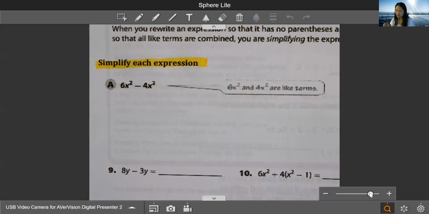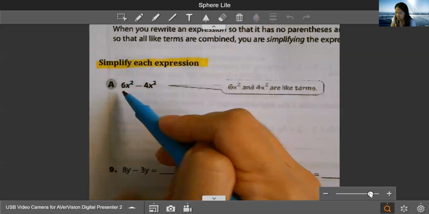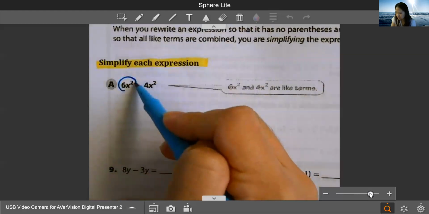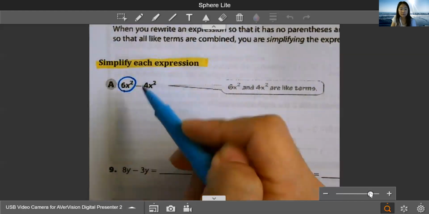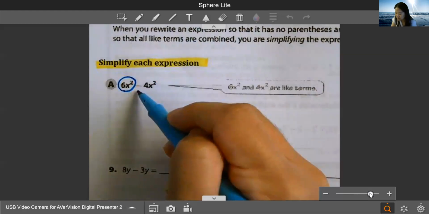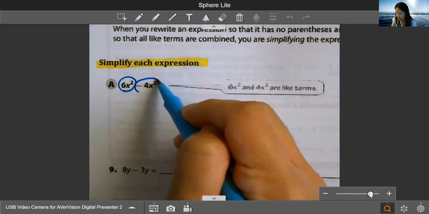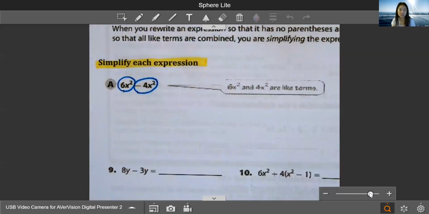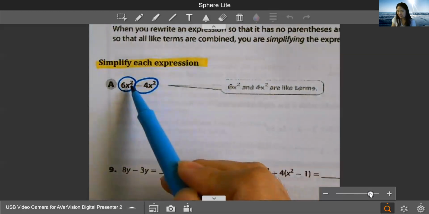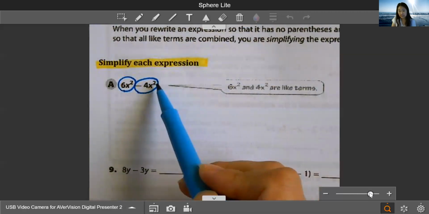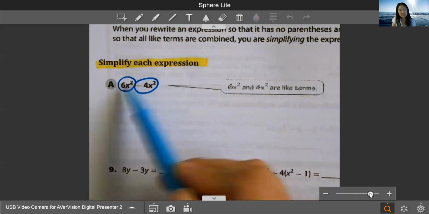All right, so here, I have 6x squared and minus 4x squared. Don't forget to include the minus along with the 4x squared. Those are the like terms and those are it. So you can do 6x squared minus 4x squared, which is 6 minus 4.